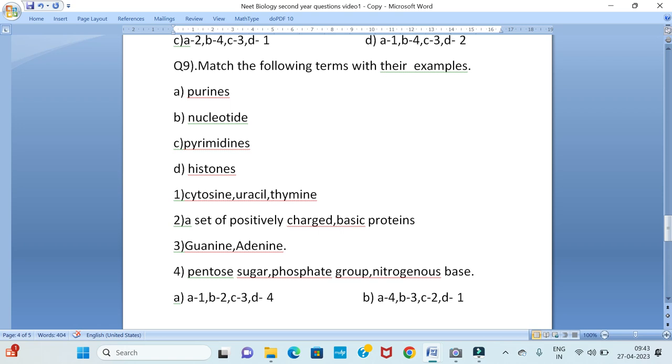Next, nucleotides. Nucleotides have three parts: pentose sugar, phosphate group, nitrogenous base. Here the keyword is night. At night, first show or second show, in the evening we went to a film, and in the interval we take some drinks.